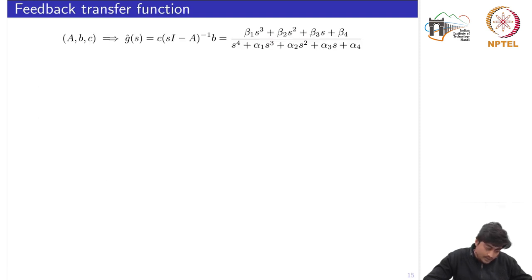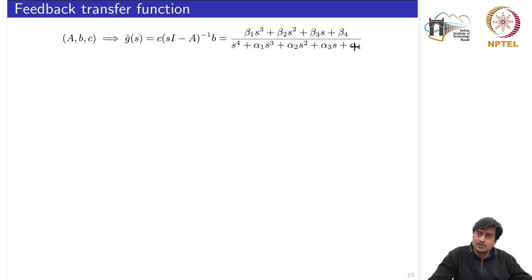If we pay attention to the feedback transfer function, what happens once we apply state feedback in the state space analysis? Given this ABC pair, we can compute the transfer function G hat as sI minus A inverse times B, and this would be this one.